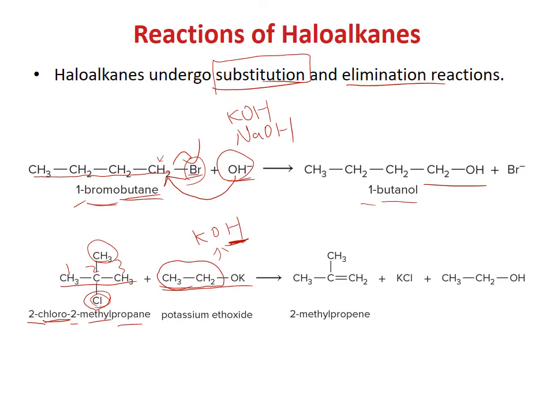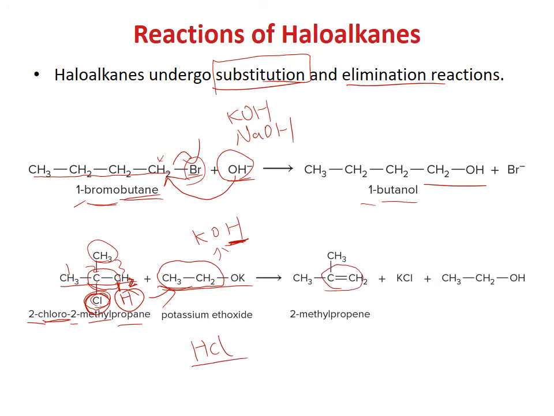This strong base may eliminate a hydrogen from carbon. So here, the CH3 carbon has hydrogen. The hydrogen can be eliminated by this base. At the same time, chlorine is also eliminated, so it forms hydrogen chloride, and the carbon-carbon single bond becomes a carbon-carbon double bond.